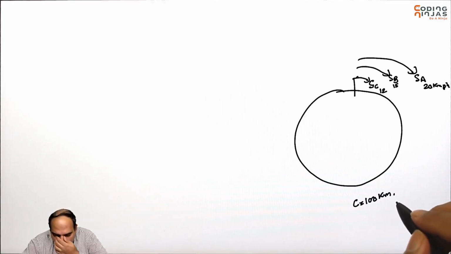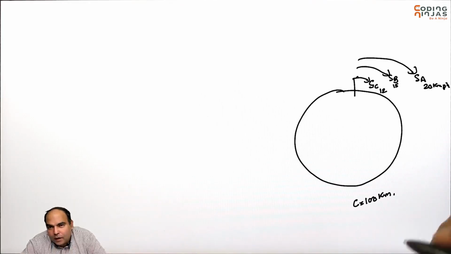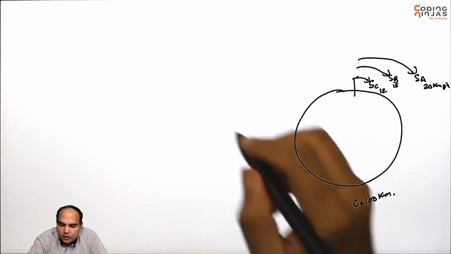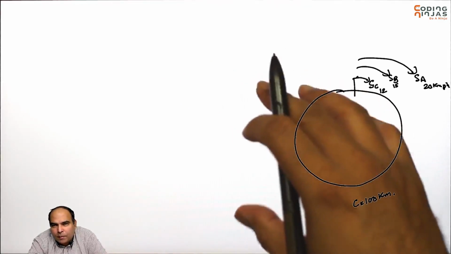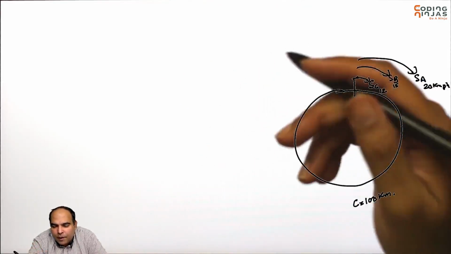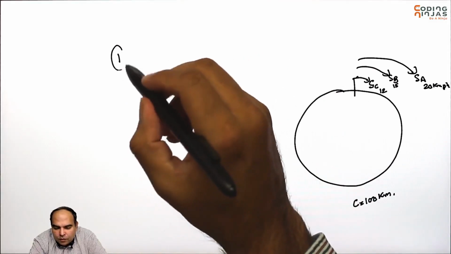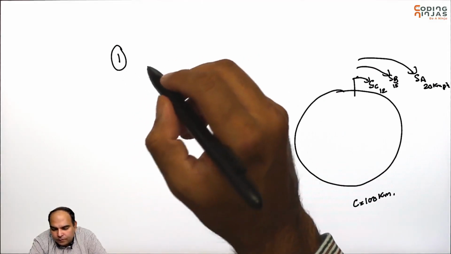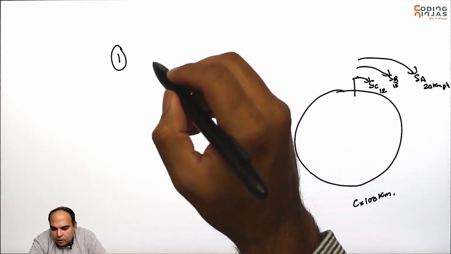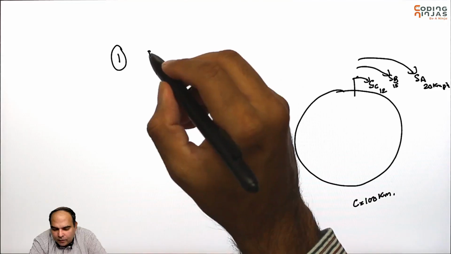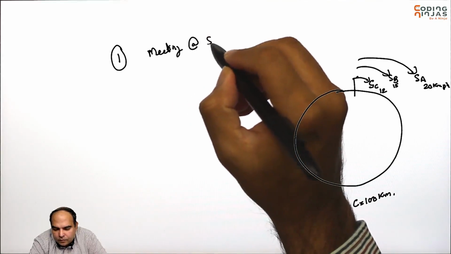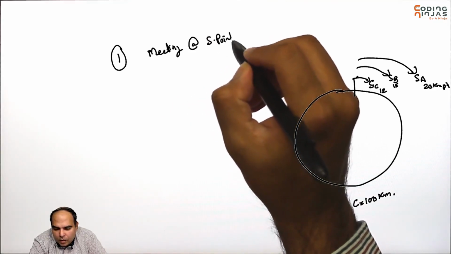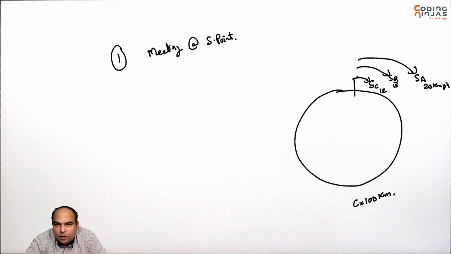You might be asked 2 basic questions here. Almost all questions on circular motion with multiple people are about meeting points. The first question is about meeting at the starting point: after how much time will they meet at the starting point?